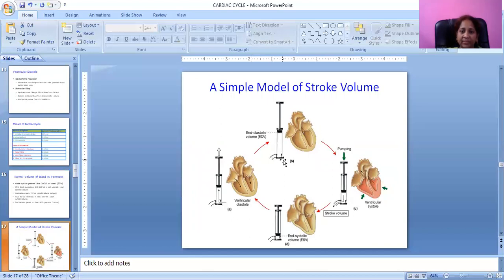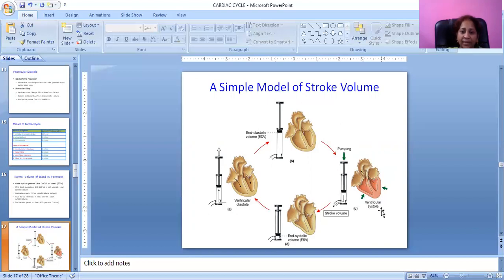Here we can see the pressure. Pressure due to pumping, what happens? Ventricles will be in ventricular diastole. Then next the diastolic volume will be increasing.